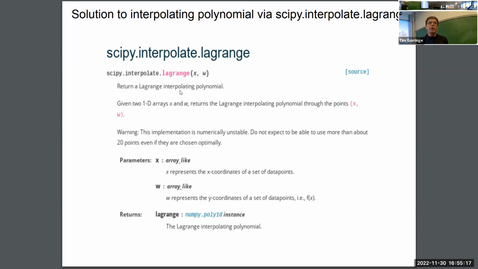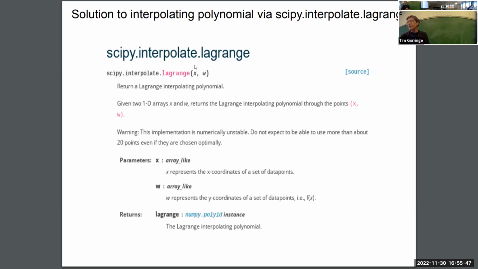And then the third way we're going to look at calculating the interpolating polynomial that goes exactly through the data is using a library function. SciPy has an interpolation library in it. There are various ways of interpolating, and we're looking at one of them. There's a function, Lagrange, that will do the interpolation for us.